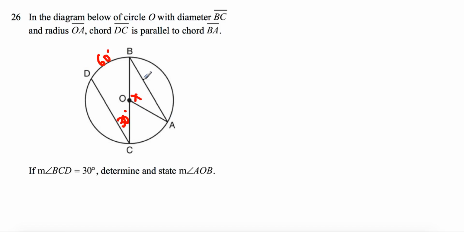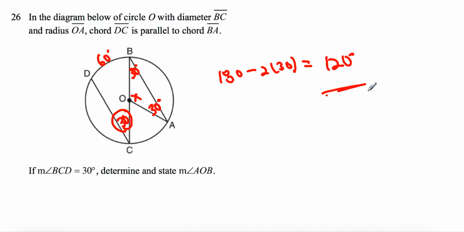I'm going to call that X. Since this is equal to 30, that makes this one equal to 30. But since this is an isosceles triangle, and that's equal to 30, this one is equal to 30 as well. Then when you combine all three angles, that has to be equal to 180. So we get 180 minus 2 times 30, which becomes 120. So 120 degrees becomes our answer.